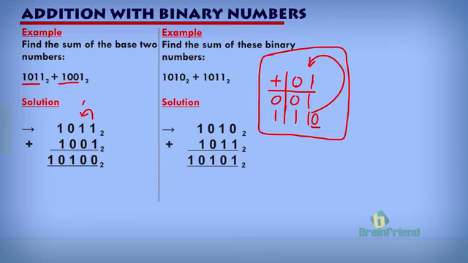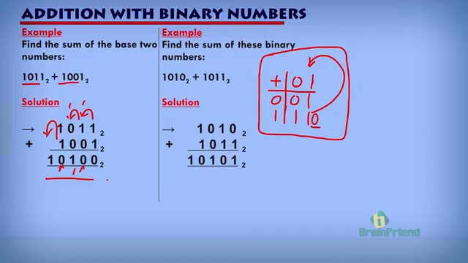Again, we have 1 there, so when we add 1, 1 and 1 will also give us a 0 down, and we need to carry 1 again to the next significant bit. 0 and 0 is 0, so we drop our 1 down. Next, we have 1 and 1 again. What do we do? We put down 0 and carry 1 over to the next significant bit. And there we have our 1. So our answer is 10100 base 2.